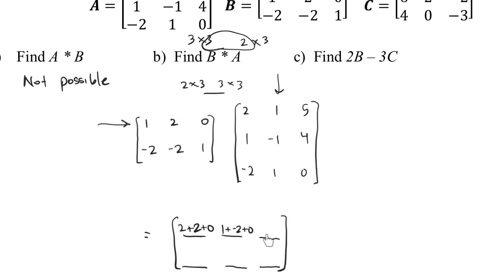Now to find this entry, it's still row 1, but now it's column 3, so we need to use column 3 with row 1. So we have 1 times 5, and then 2 times 4, and then 0 times 0.